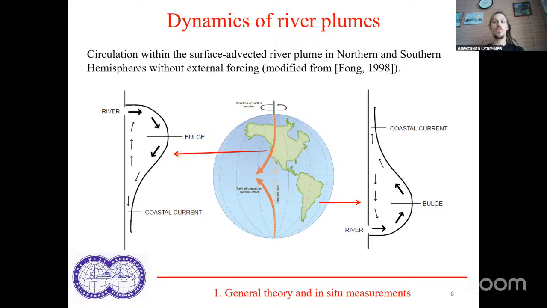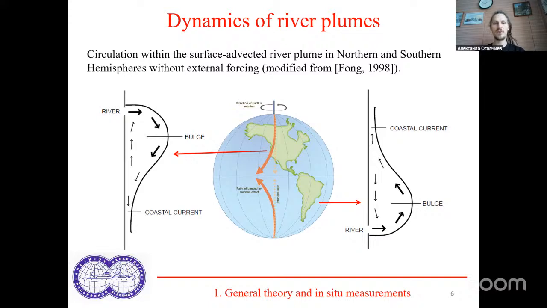If there is no external forcing, a river plume experiences only the Coriolis force, because our planet is rotating and many processes in the sea are slow enough to be affected by it. On this slide you can see what happens with a river plume if there is no wind, tide, or coastal current.